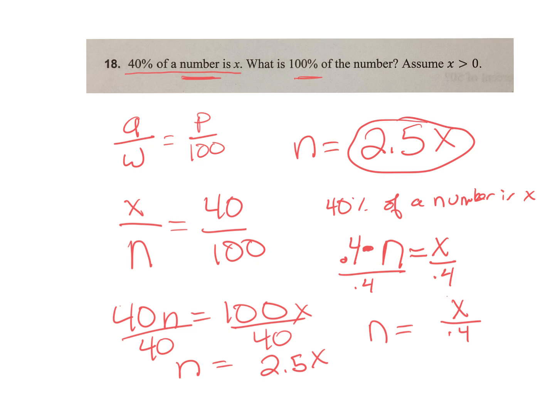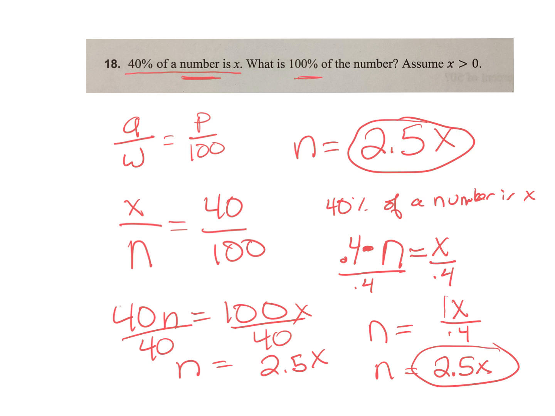Now, I know that x always has a 1 there, because 1 times anything is always the thing. So 1 times x is the same as x. So now I could do 1 divided by 0.4, and I get n equals 2.5, and the x stays with it. So that's another way to figure it out.